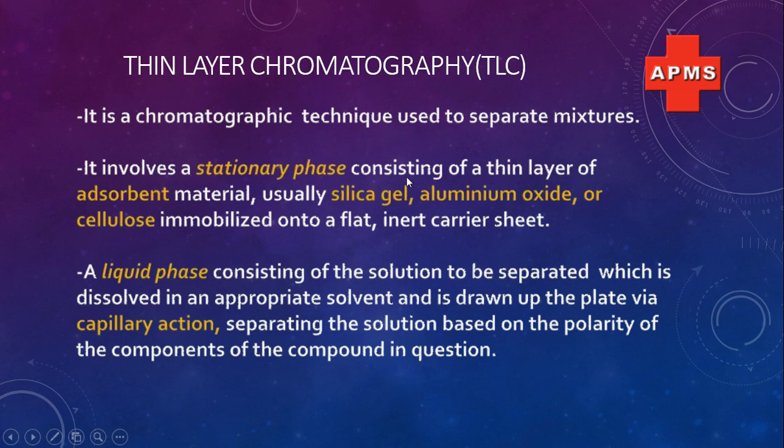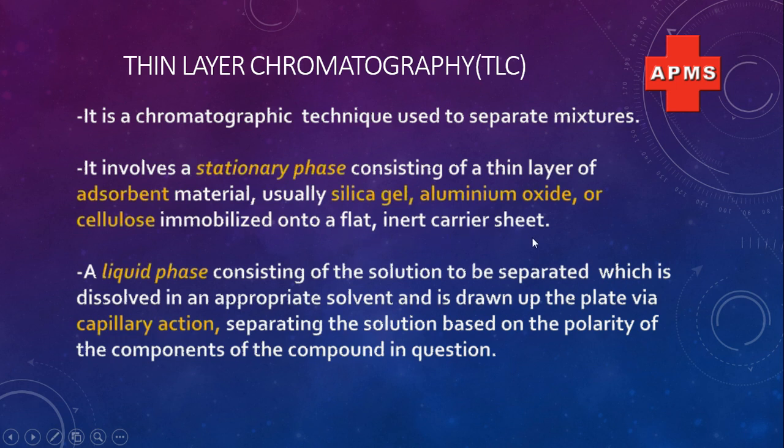It involves a stationary phase consisting of a thin layer of adsorbent material. Okay, so it is a solid material, which can be silica gel, alumina gel, which is a form of aluminum oxide, or cellulose. These high surface area powder materials are immobilized or coated onto a flat inert carrier sheet.